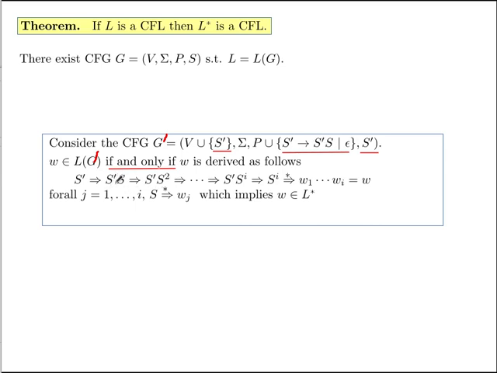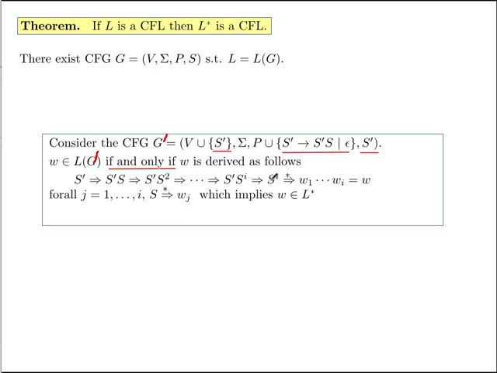At this point you can apply epsilon, so then you will only get S, or you will apply this S prime S once more, so you will get S prime S square. And in this fashion, if you apply this S prime S many times, you will reach S prime S^i, right? And then finally you have to apply this epsilon, otherwise you won't be able to get rid of this S prime. So in order to get rid of this S prime, eventually you will have to apply this epsilon.